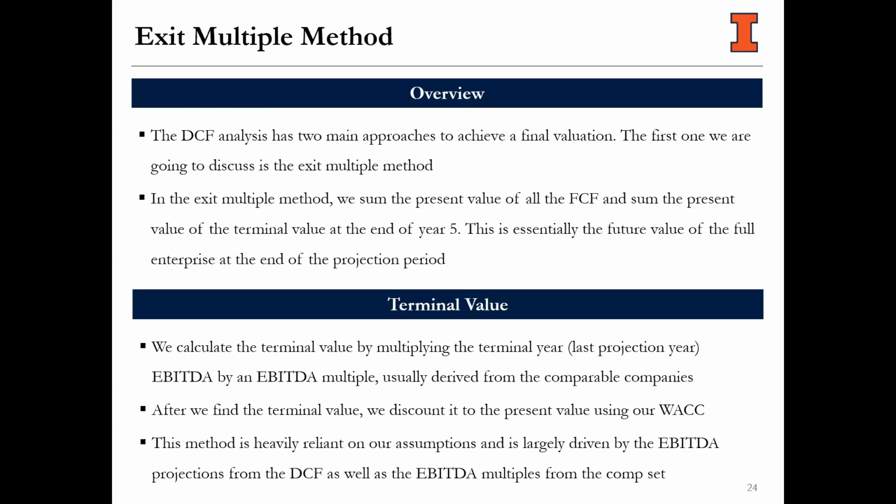And two, if you were to do this, your free cash flow projections and assumptions are going to be wildly wrong by the end of 40, 50 years of projections, and it just makes no sense to project out some of these line items. So what we'll do is take an assumed exit multiple, usually driven by your comps or precedent analysis, and then apply this multiple in the terminal value.